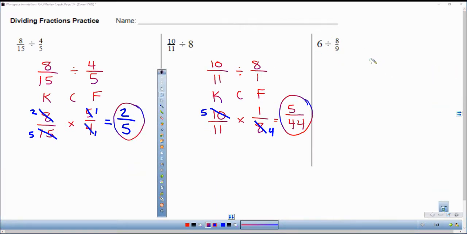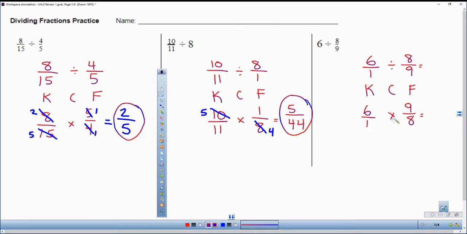This next one's kind of similar because it has a whole number. And so, again, the first step is going to be to write it as a whole number over 1 divided by the fraction. So we are going to keep, change, flip. We're going to keep that first fraction, change the division, flip to the reciprocal.